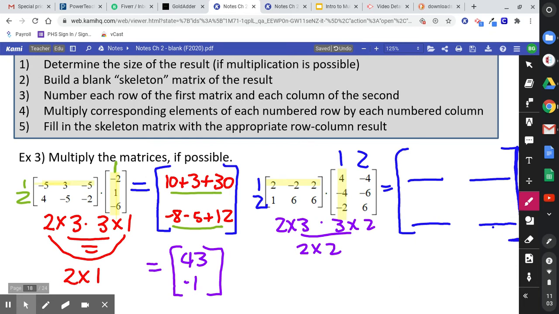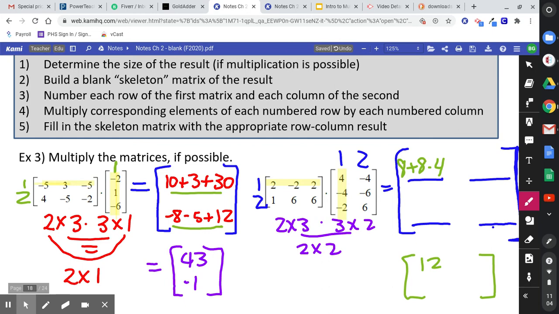So let's do the first row times the first column. 2 times 4 is 8 plus -2 times -4 is 8, and 2 times -2 is -4. Okay. So what that means is my first element is going to be 16 minus 4 is 12.